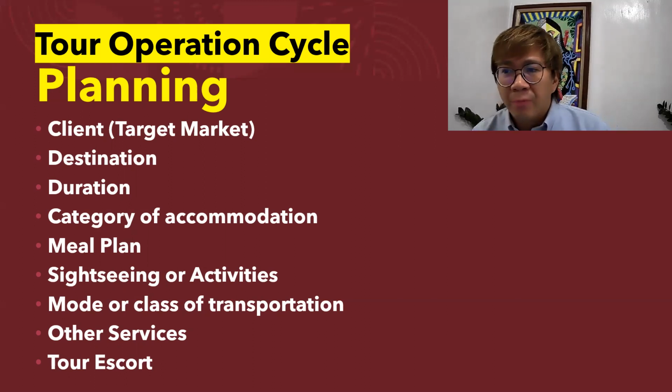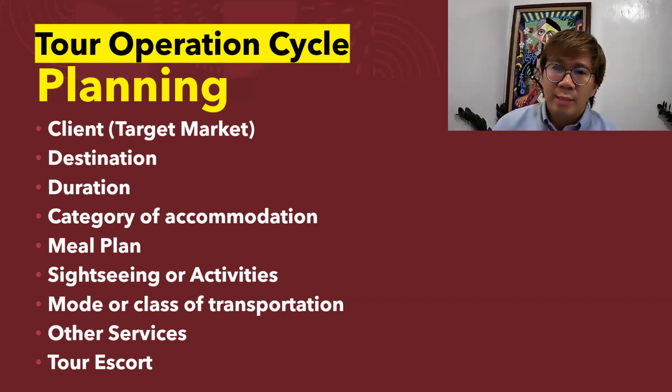Now, a family friendly package could also be sold as a honeymoon package for a young or newlywed couple. It could be sold as a barkadahan package, or as an incentive or family trip for your corporate account.